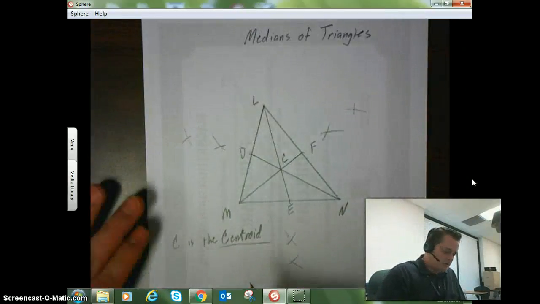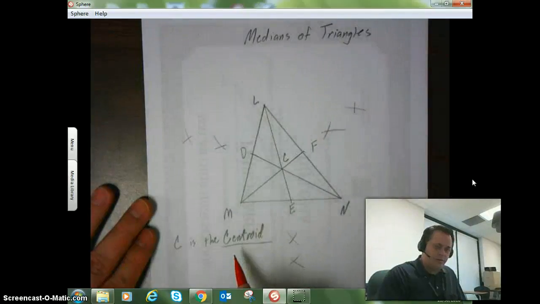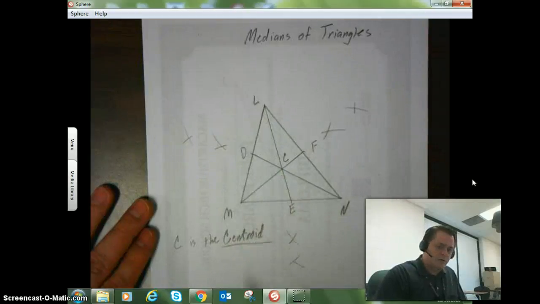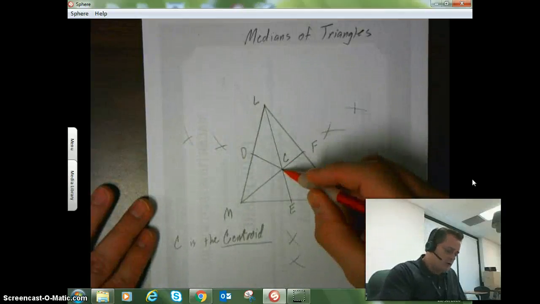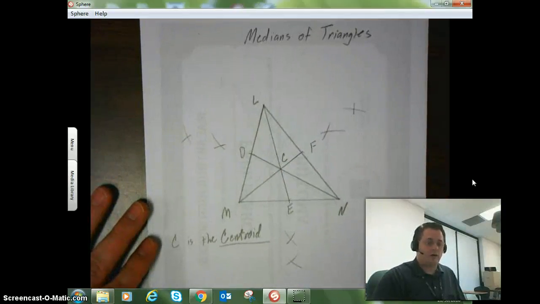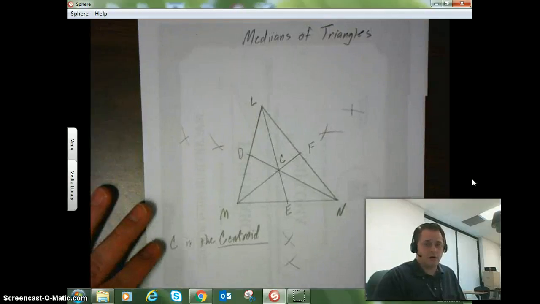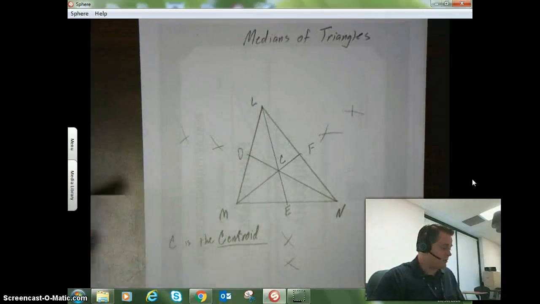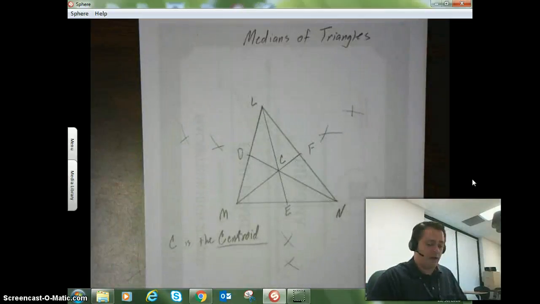It sounds like a weird name, but you can tell by the prefix cent, and based on where it looks, that the centroid is the center of the triangle. It's not the center of a circle the way the circumcenter and incenter are, but it is the center of a triangle.